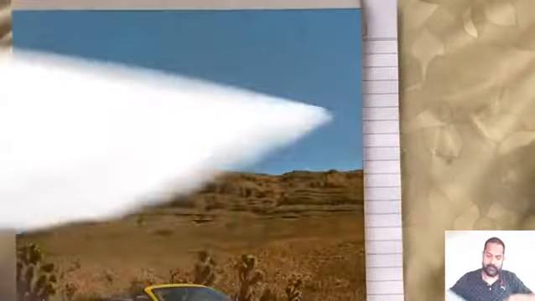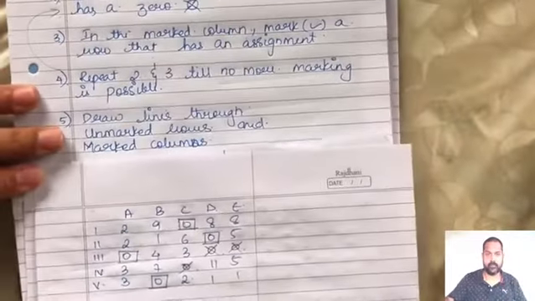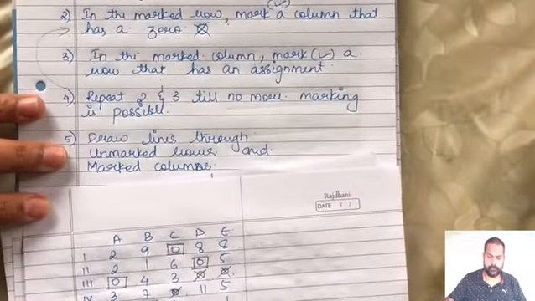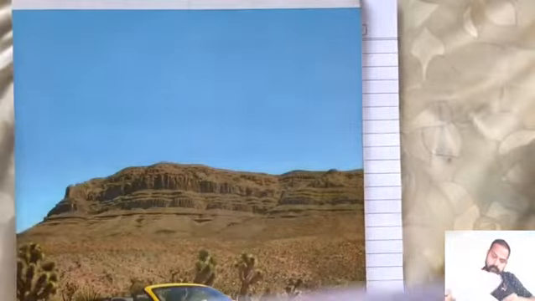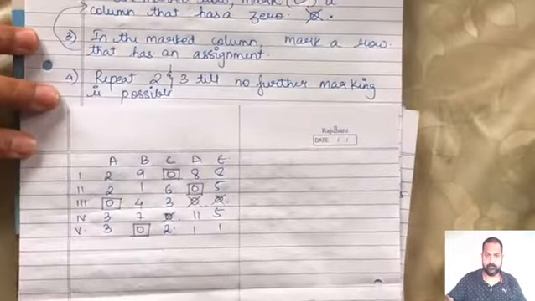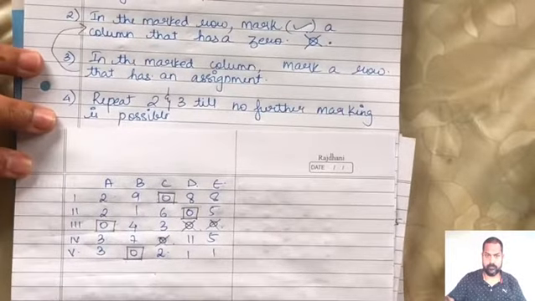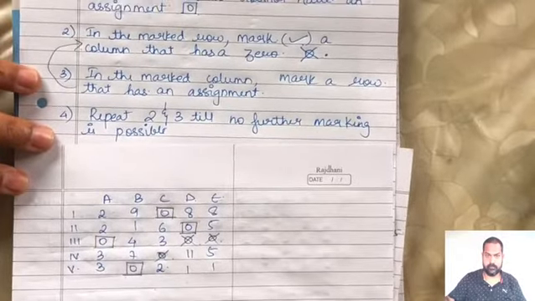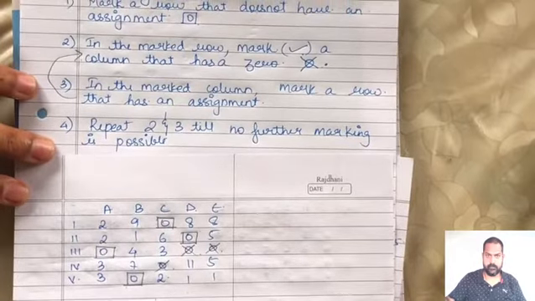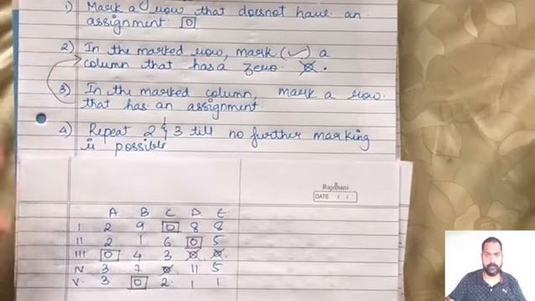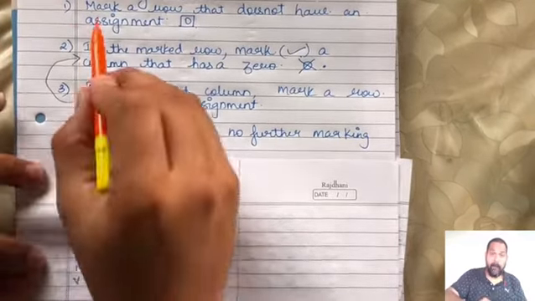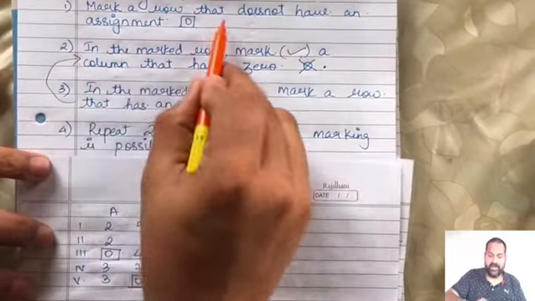Let's go back. Okay, I think this fits. Mark a row that does not have an assignment.